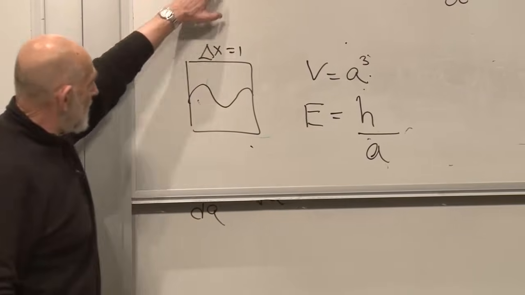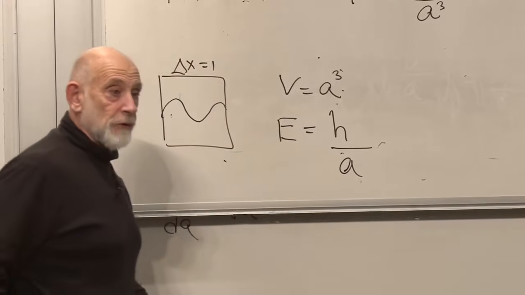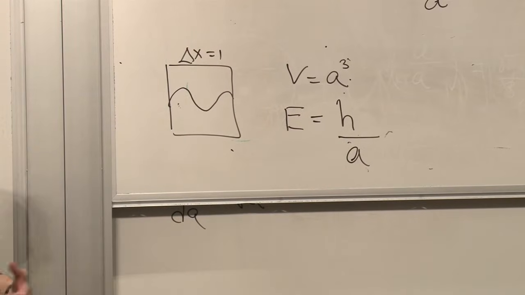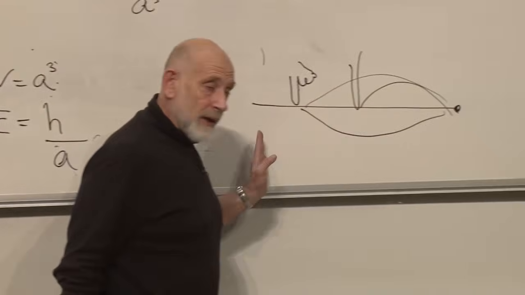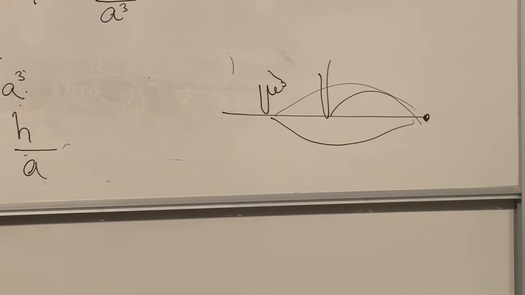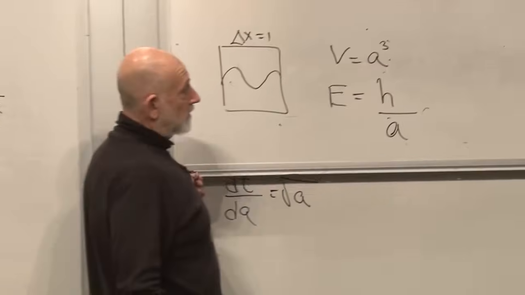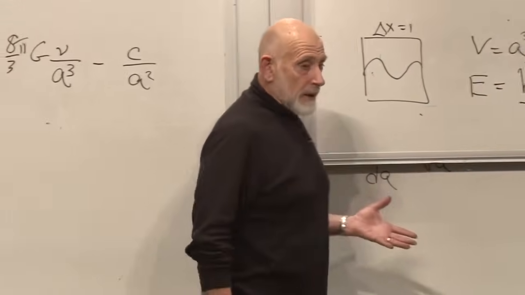So we take one box, change the scale factor, then the energy of each photon decreases. Same phenomenon as the frequency going down or up as you change the effective length of the guitar string. So what does that mean?